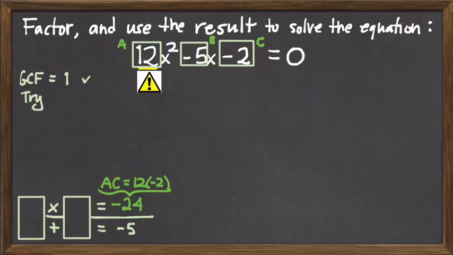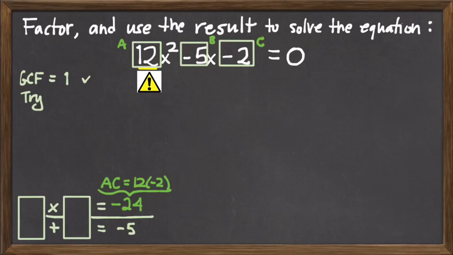We still want their sum to equal negative 5, the middle term, but now we want their product to be negative 24 instead. The good news practically for us is that negative 24 has a lot more different ways we can factor it compared to negative 2. So it opens up a lot of new possibilities, which is important because our old possibilities never added up to negative 5. So that's where this method gets started. There's another change in how we implement it going forward from here, but that's kind of the important first step in using the AC factoring method.